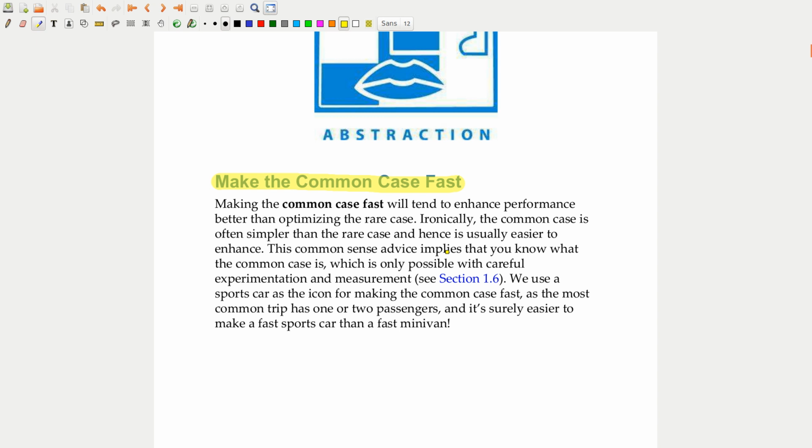If your only concern is speed, which in many cases for architecture it is, you're probably going to care about the engine more. So in this case, we want to optimize for the common case, which is not only which part of the architecture is being used the most, but also what the program is doing.